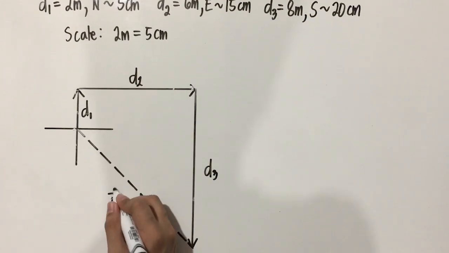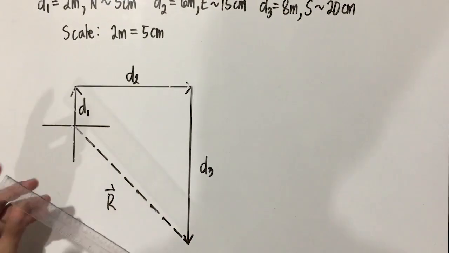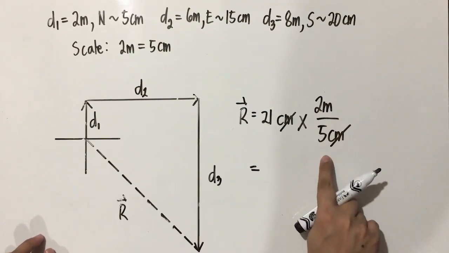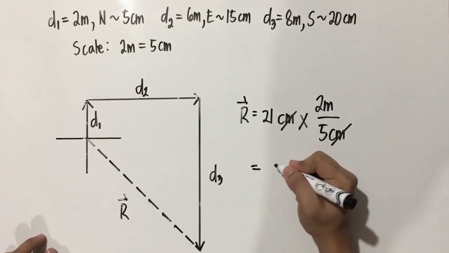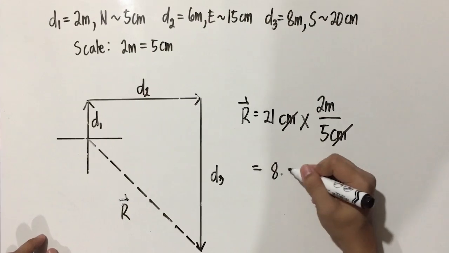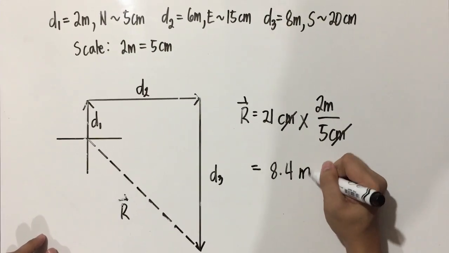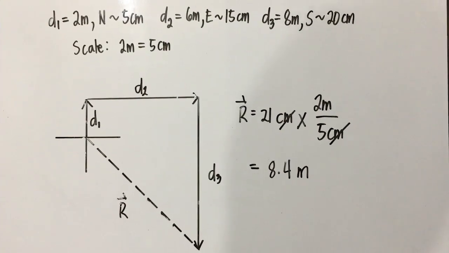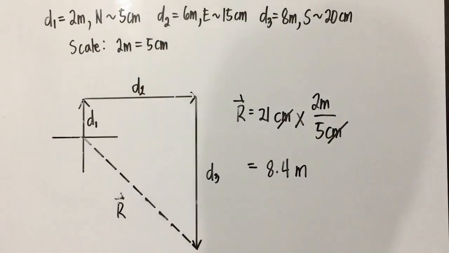So be mindful of your measurement. Let's do the operation after we cancel similar units here. So we have 8.4 meters as our resultant vector for its magnitude.